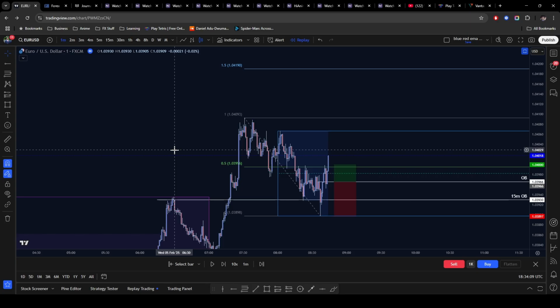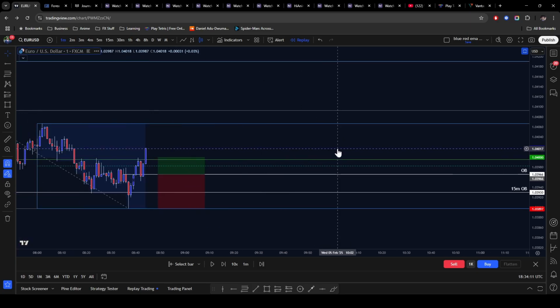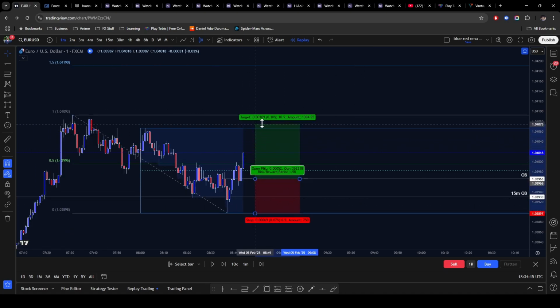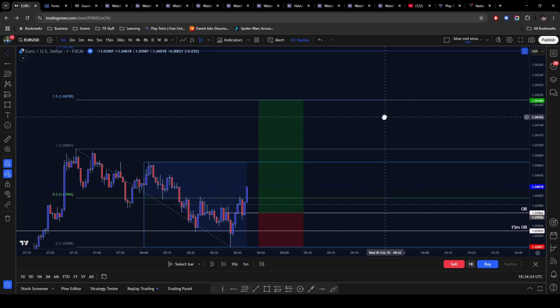Stop getting weird thoughts when you hear STD, of course. But anyway, so I put it there. So the first one, no, not that one. That's 1.83. The 1 to 1.5 is like a 3.2 risk to reward ratio, which is also good, but yeah, my brain kind of wanted a bit more.